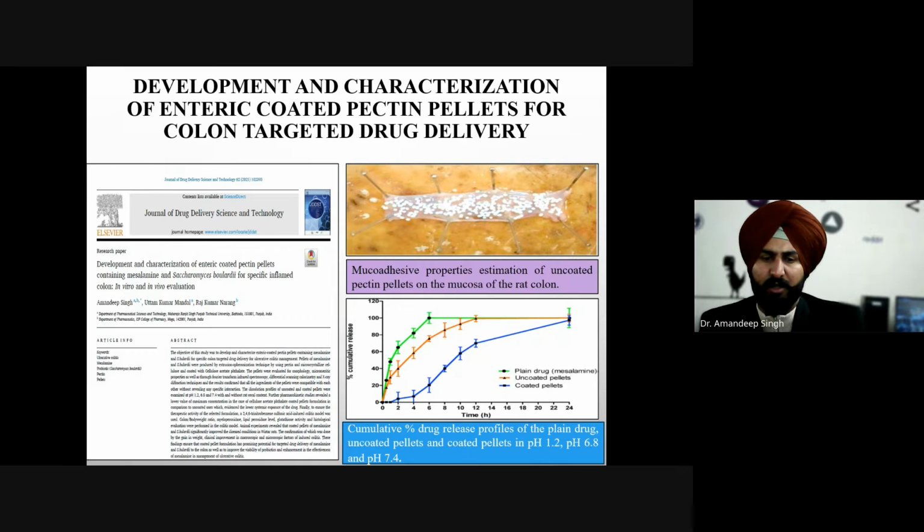The combination of the drug mesalamine along with the probiotic will give a synergistic effect. One more thing I want to discuss here is the mucoadhesive parameter. We performed a pellet based study in which we checked the mucoadhesive property of the coated and uncoated pellets.